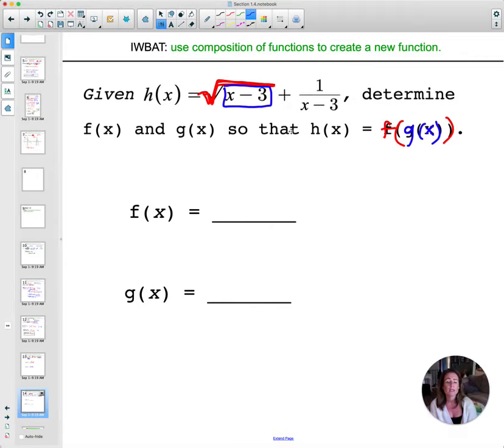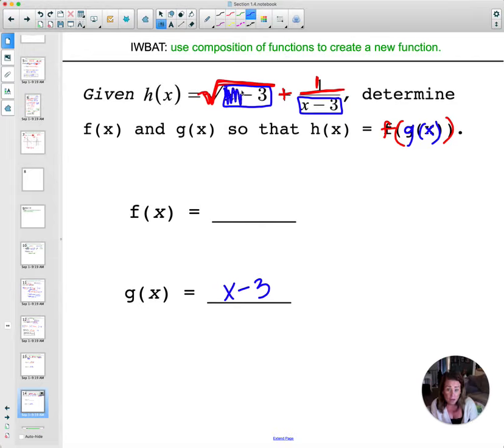You still have the rest of this. So do you see that this x minus 3 happens again? So remember, you're calling this your inside function. Okay, so this x minus 3 is the inside function. And then everything else is the outside function.